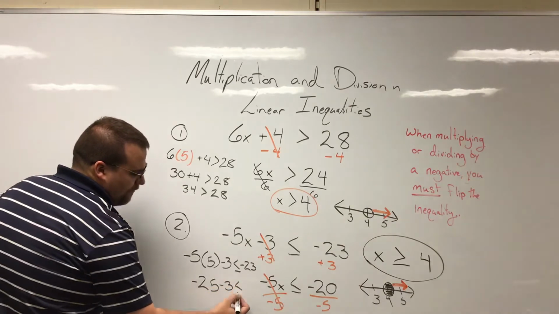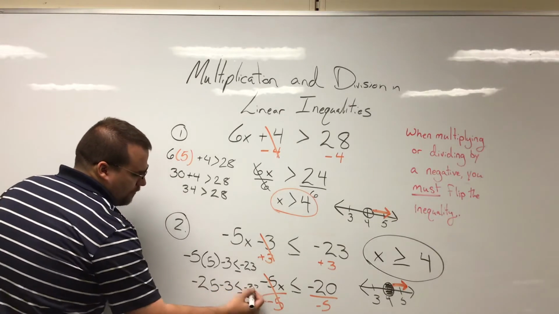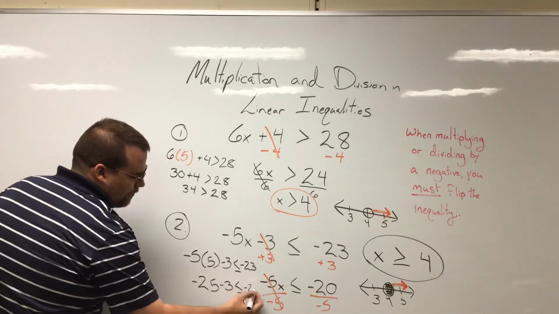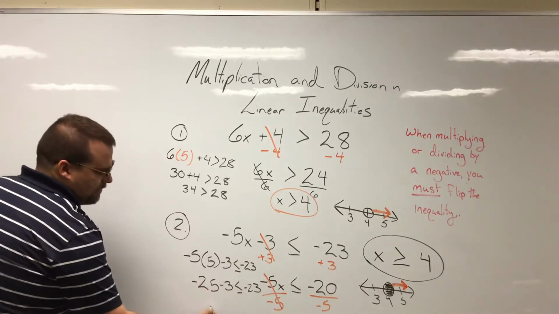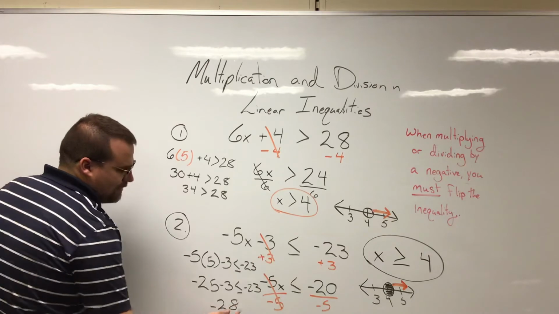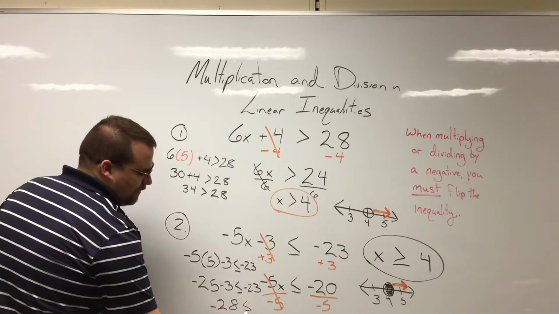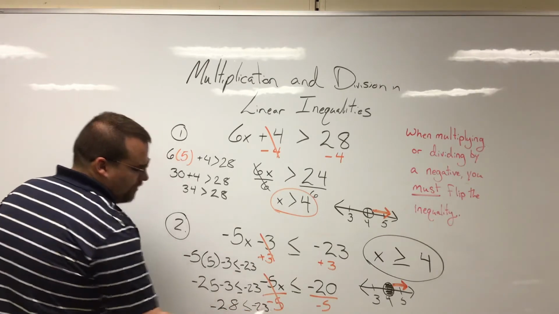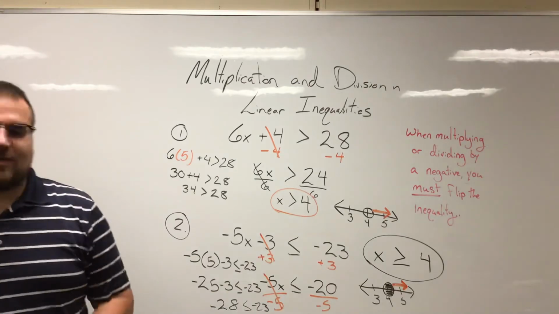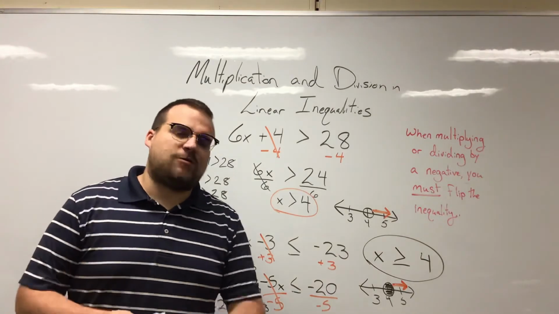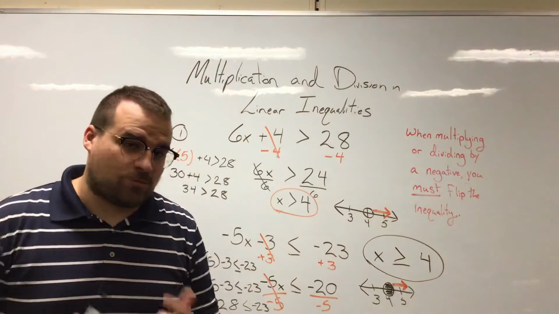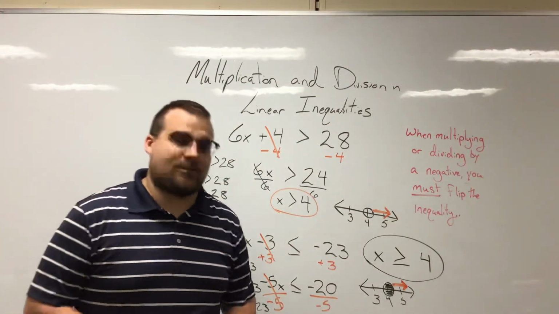Negative 25 minus 3, that is negative 28. And is negative 28 less than or equal to negative 23? It absolutely is. If we would not have flipped that inequality sign, we wouldn't have got the right answer.